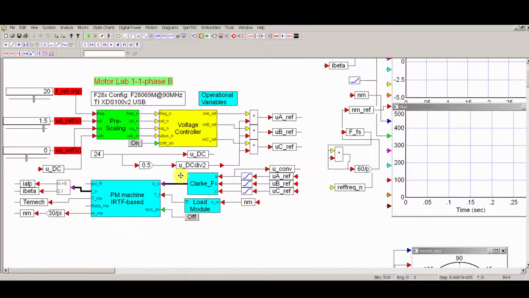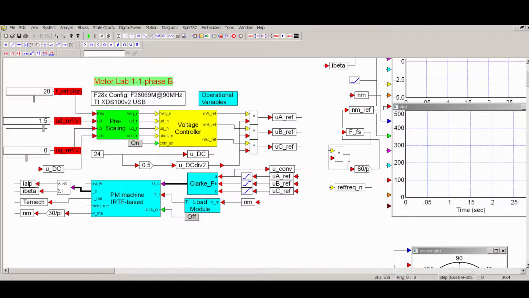So here we have a very basic machine. We recall that we are going to control the voltage vector, a rotating voltage vector, and we're going to create that with a control machine, which is this machine here.